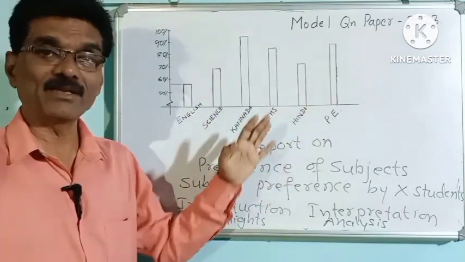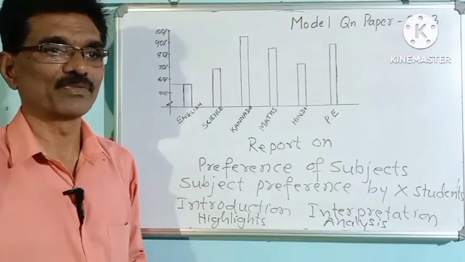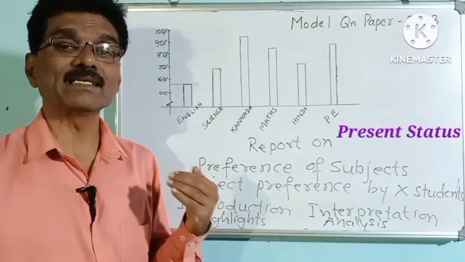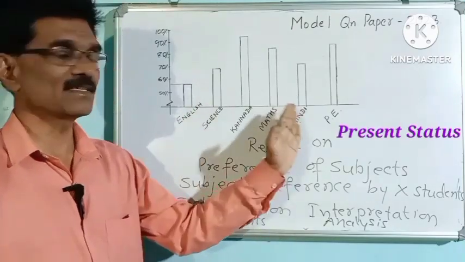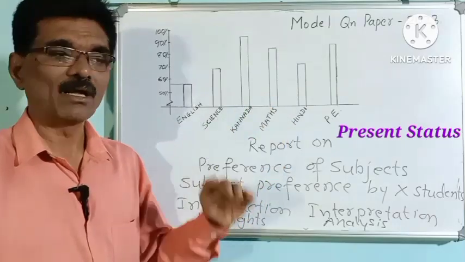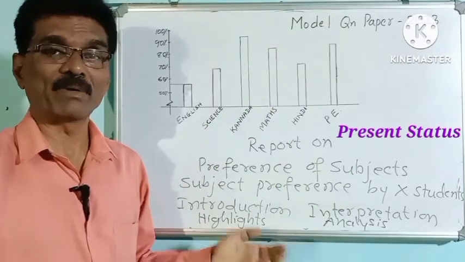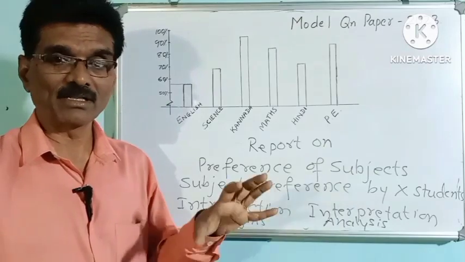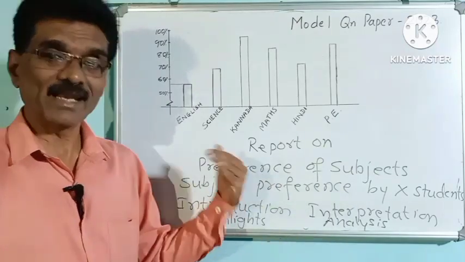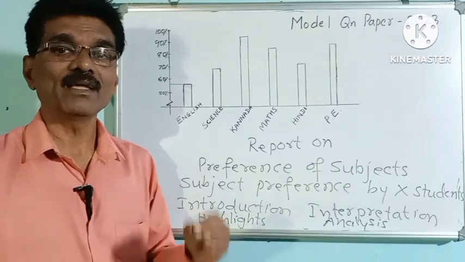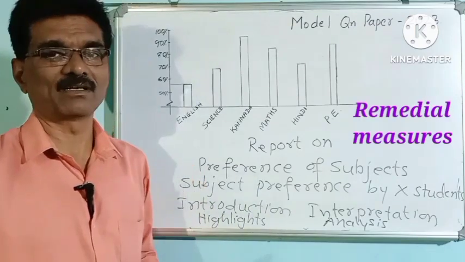Okay, this you have to analyze, why it is so. And the next point is the present status. Now in this case it is not quite applicable, but in another example it may be very important, the present status. And the next one is the remedial measures.